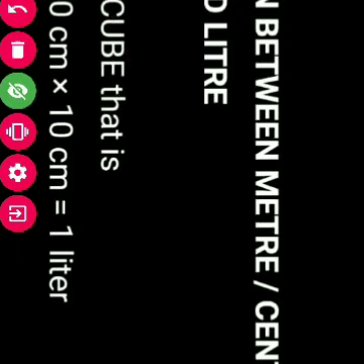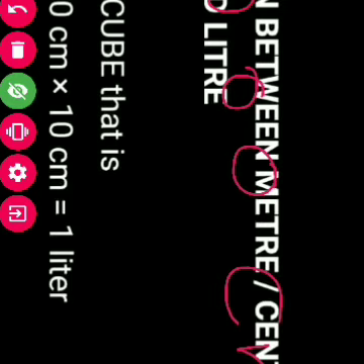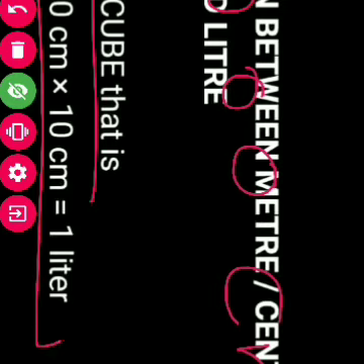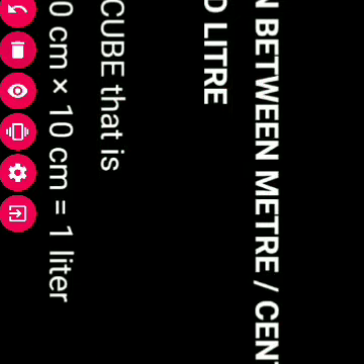If we multiply 10 centimeter into 10 centimeter into 10 centimeter, it becomes 1000 centimeter cube. This is equal to 1 liter. So whenever you find any volume which equals 1000 centimeter cube, it means it is 1 liter.